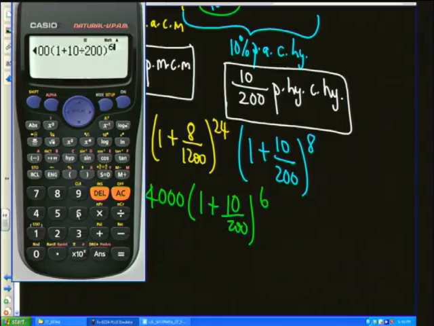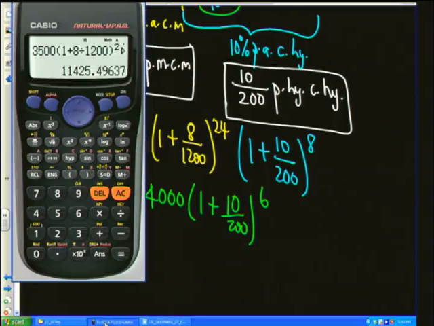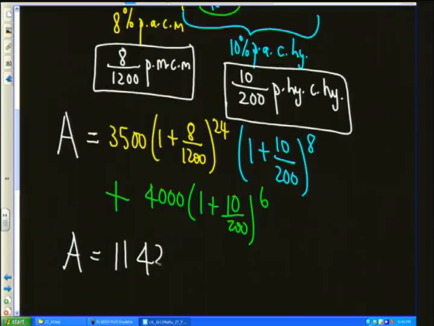Now, if I've made any incorrect thing here, I can go back and edit. I've got space there. So I've got 11,425 Rand at the end of that period. So A is equal to 11,425 Rand.